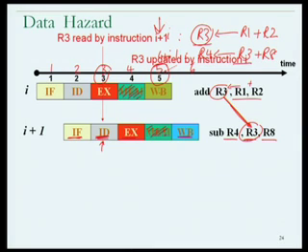So what is being read by instruction I plus 1 is not the value which is being written by instruction I. And this is a hazardous situation, because clearly the value that will be read by instruction I plus 1 must be an old value, the previous value that was in register R3, and not the value which was put into register R3 by the add instruction, instruction I. Therefore, if instruction I plus 1 is allowed to proceed through the pipeline as per the plan shown along the timeline, then the subtract instruction will get the wrong value of register R3 and will produce the wrong result in register R4, and the program will not produce the correct result.